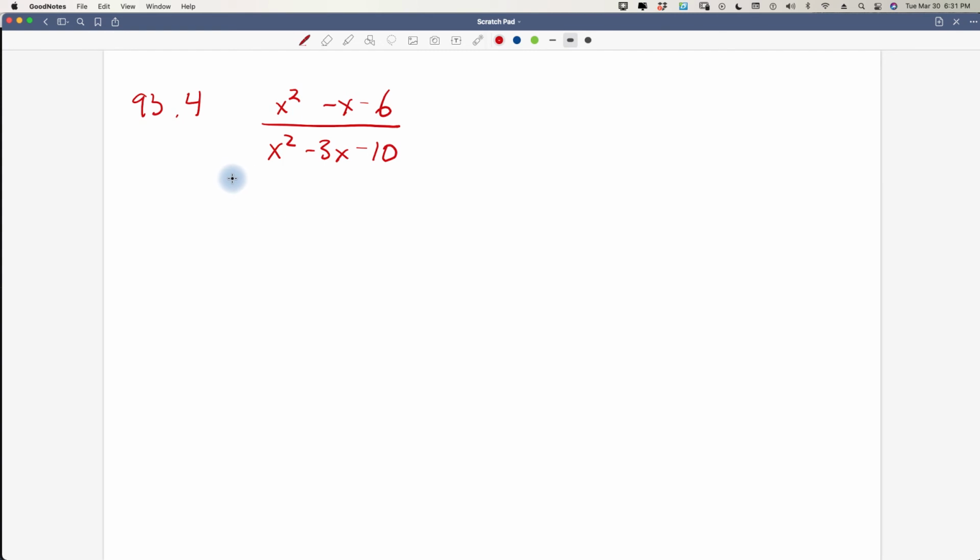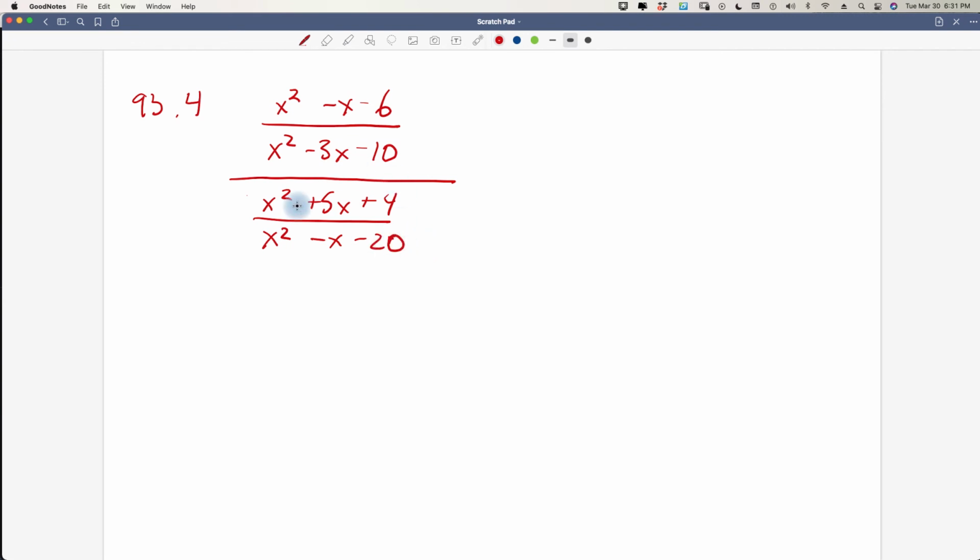I'm going to go ahead and do it for you. You might see it written like this. It's the same thing. So we're going to try that. All right, so we have x squared plus 5x plus 4 over x squared minus x minus 20.